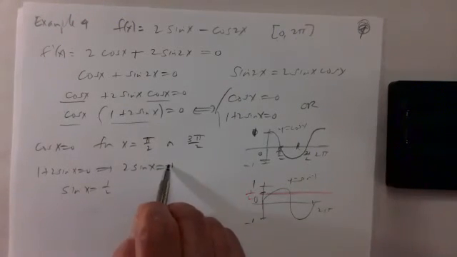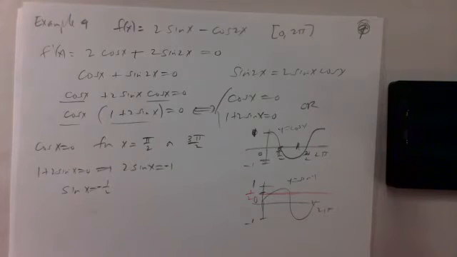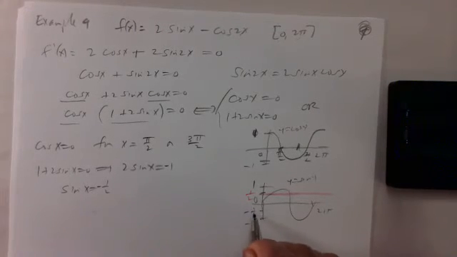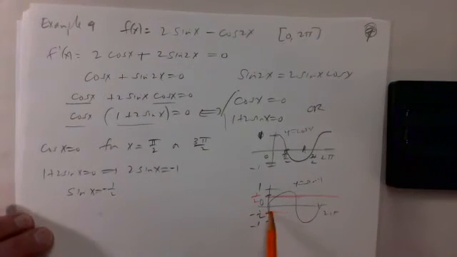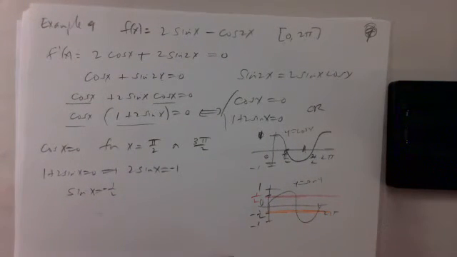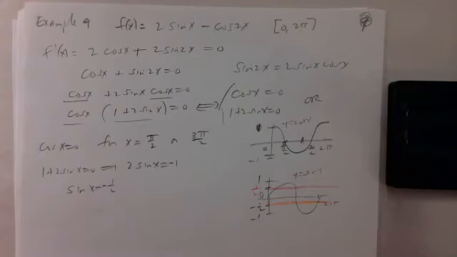Oh, thank you. Yes, negative 1/2. Excellent. So that's a good picture, but I want to find out when it's minus 1/2. So between 0 and 2 pi, when is the sine equal to minus 1/2?